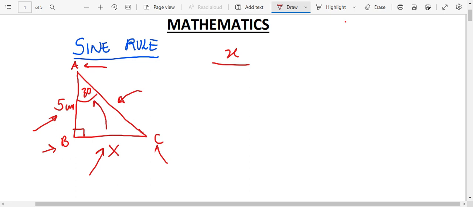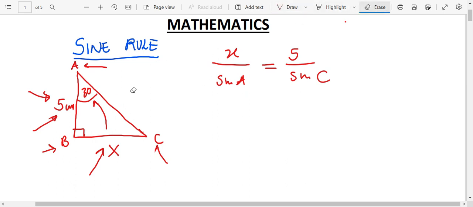All right, so we're going to say x over sine A is going to be equal to, and then you come to this side. What side is this? That is 5. 5 over sine C. Okay, so that is how you are going to start. It's more like a formula, but a formula itself, remember, is a sine rule.